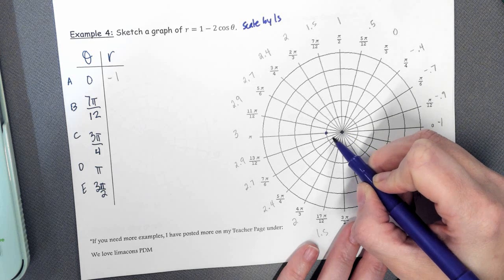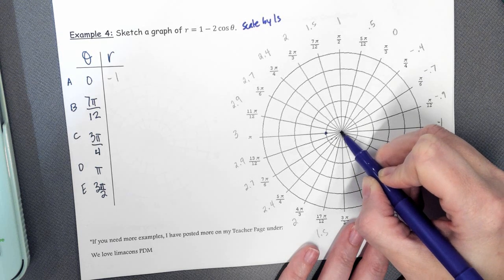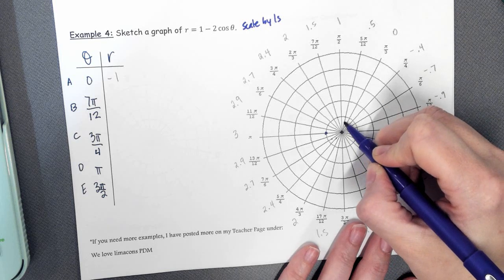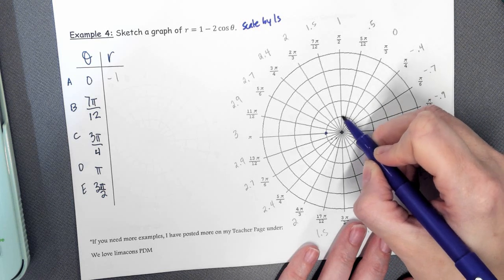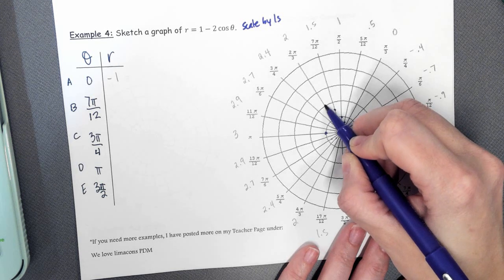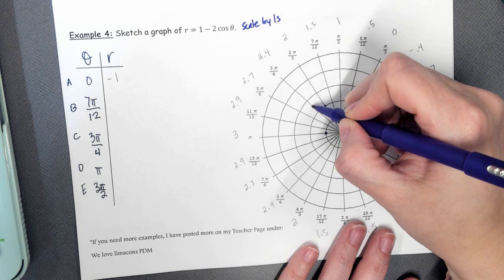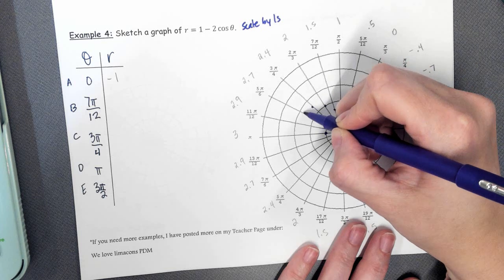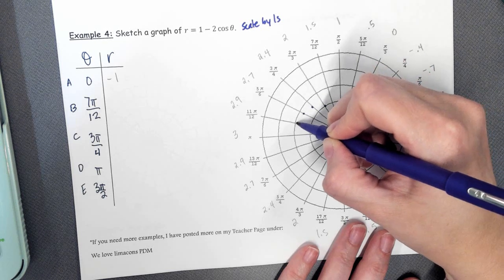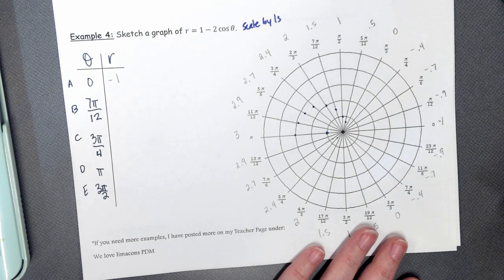Like you have the 0.9, then the 0.7, then the 0.4, then the 0, the 1/2, 1, 1.5, 2, 2.4, 2.7, 2.93.